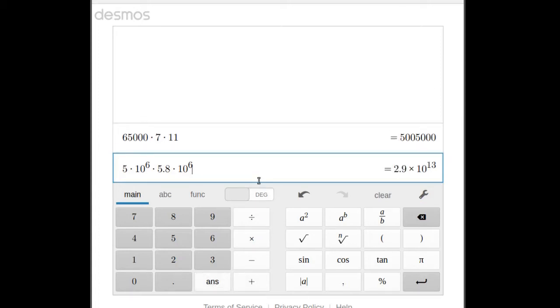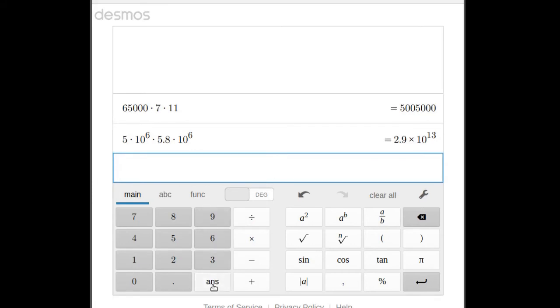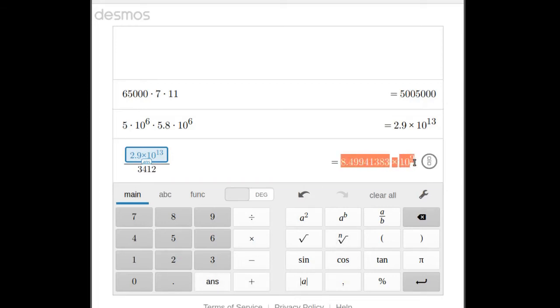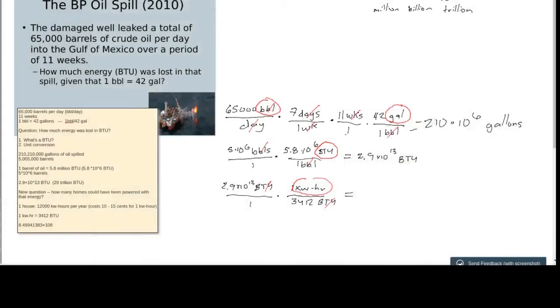Oops. So there we go. Take the answer from the previous, divide by 3,412, and that gives me 8.49 times 10 to the 9th. Okay. Copy that over. Make sure that you can see that. So down here, I've got 8.49 times 10 to the 9th kilowatt hours.